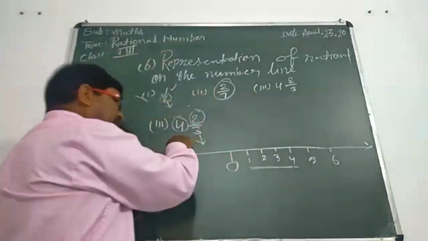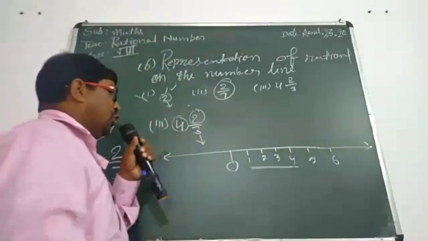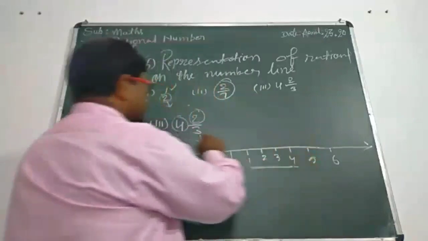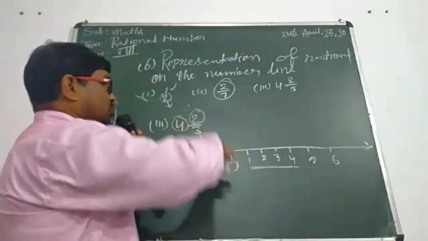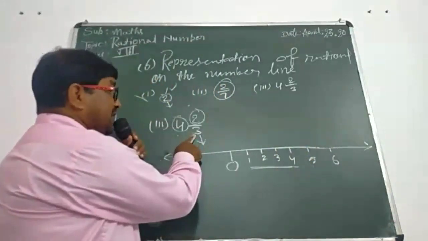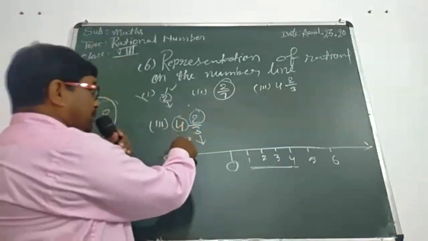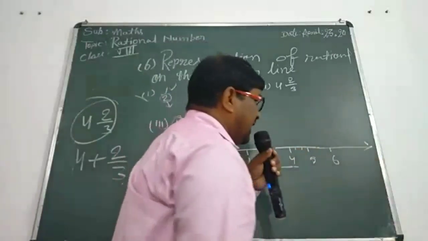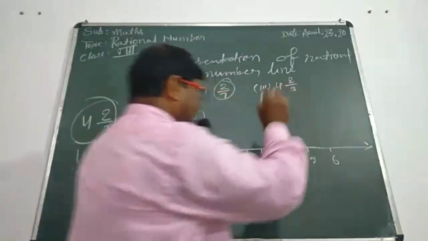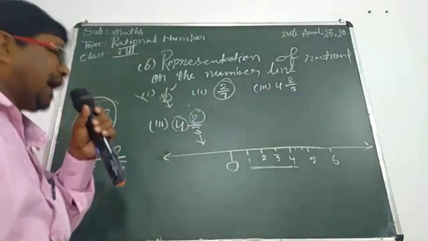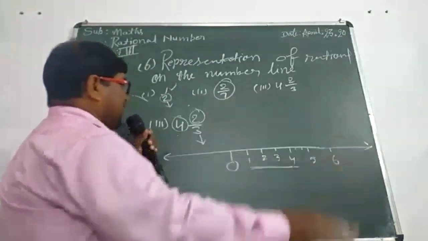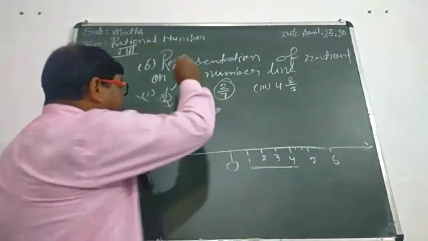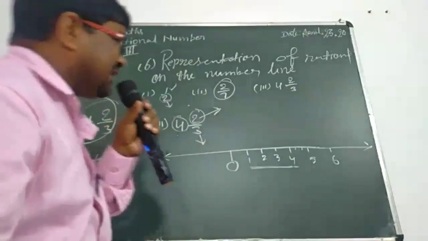According to the given sum, are you thinking or not? This is the first part. So divide the first part into 3 subparts. How many subparts? 3 subparts. 1, 2, then 3. Now student, from 3 subparts, you should take only 2 because your numerator is 2.